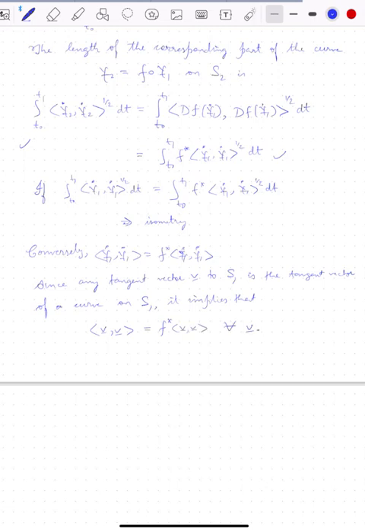And this is for all v, since the v vector belongs to the tangent plane of S1, right?